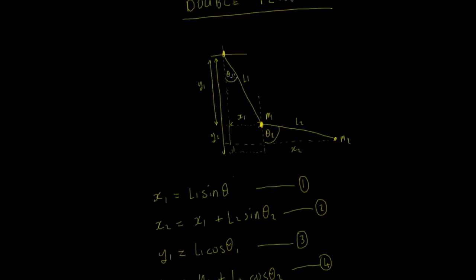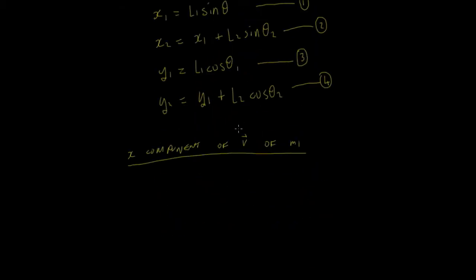Okay, so we've got m1 there, and it's just the x component of the velocity of this mass m1. Okay, so what we're interested in is the x component of velocity.